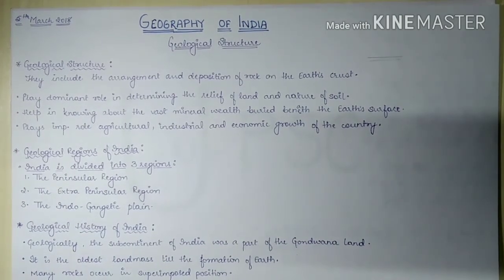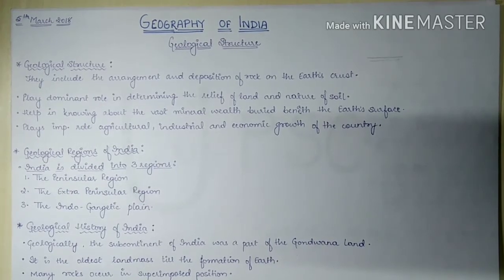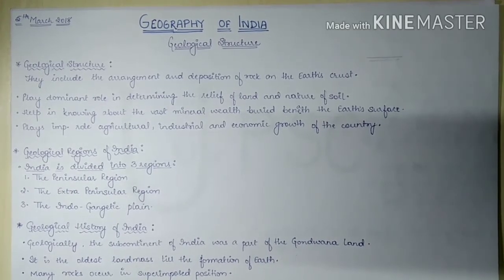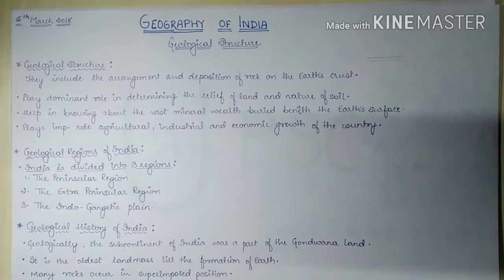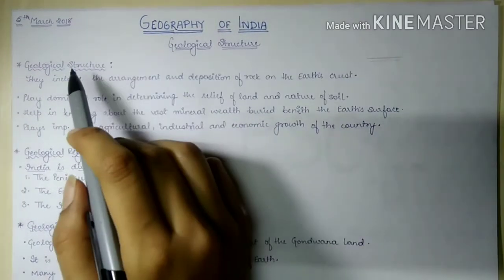Next, the physical and chemical properties of soil can be determined by the geological structure. The availability of minerals can be determined by the geological structure. And the surface and underground water resources and mineral wealth beneath the earth's surface can also be determined by the geological structures.